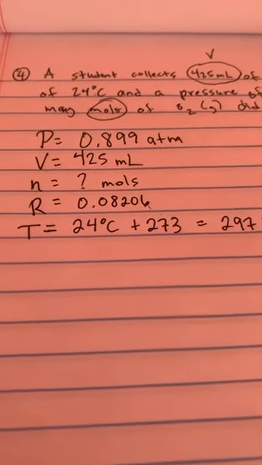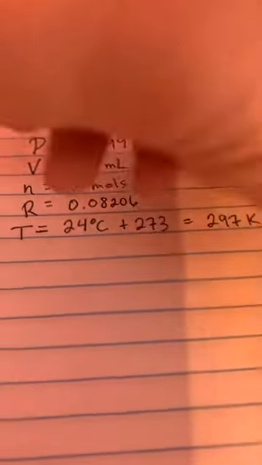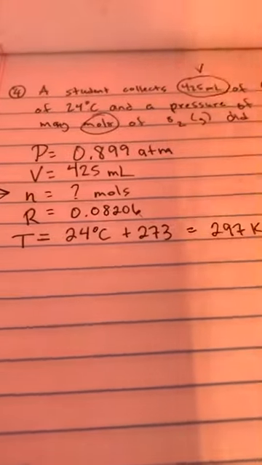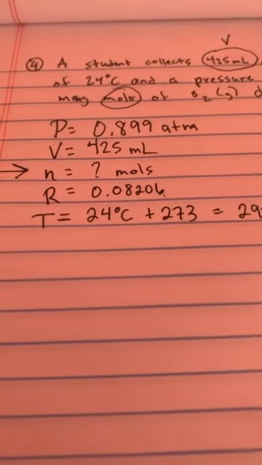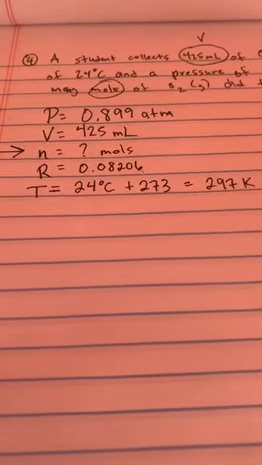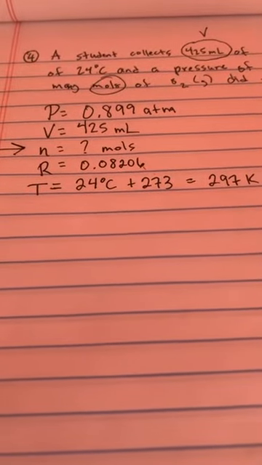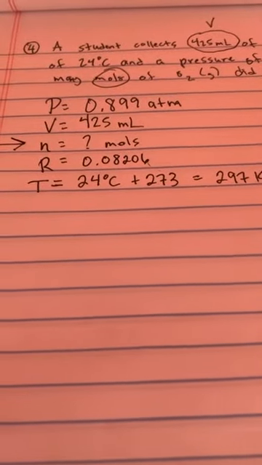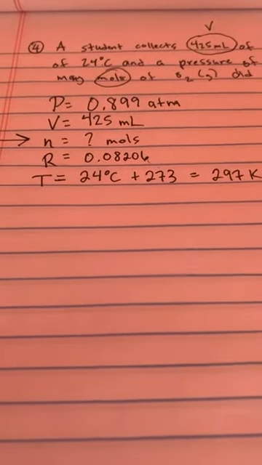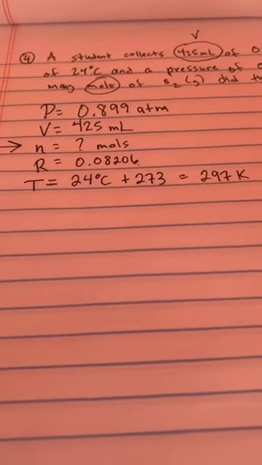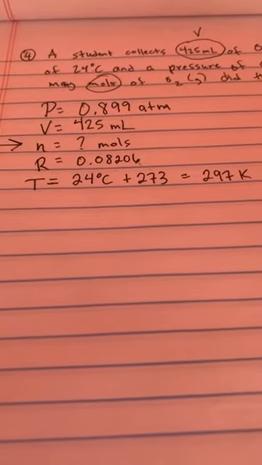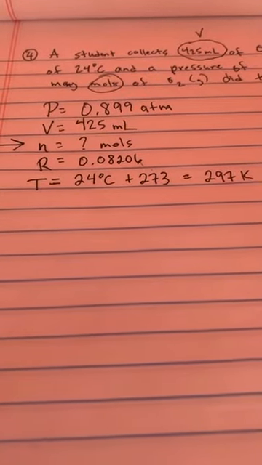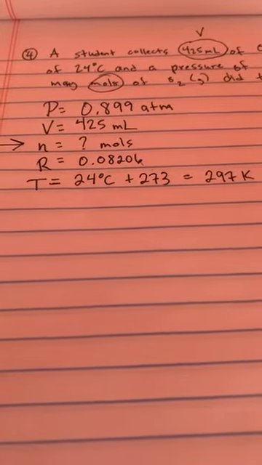All right, so what are we solving for? We are solving for n, the mole quantity. This is exactly the same thing we just solved for before, except this time I'm going to let you guys solve for it, okay? I should do a Q&A with you guys. That'd be kind of cool. So go ahead and solve for that and see what you get.